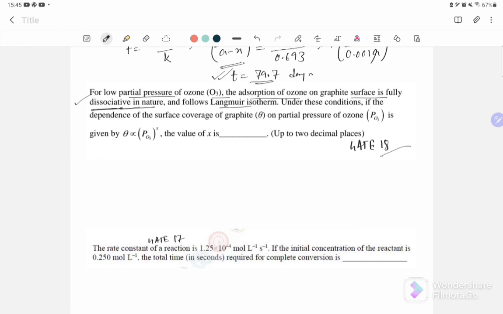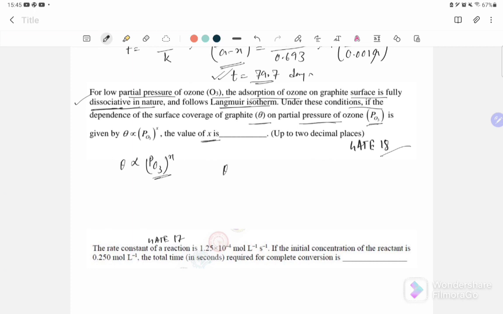It follows the Langmuir isotherm. Under this condition, if the dependence of surface coverage of graphite theta on partial pressure of ozone is theta proportional to PO3 to the power x, what is the value of x?